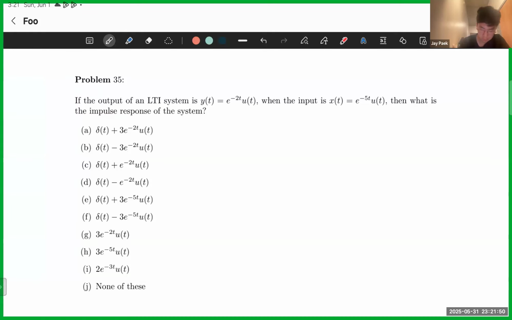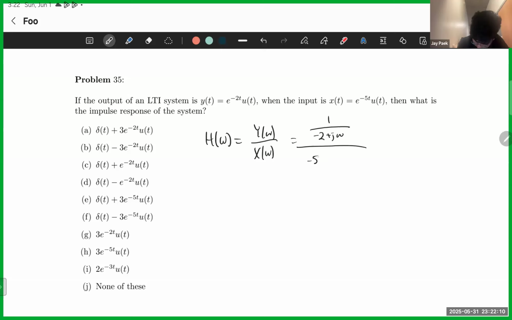Well, we know the impulse response, and we can directly compute the frequency response as follows. One over... I believe it's just 2, not -2.